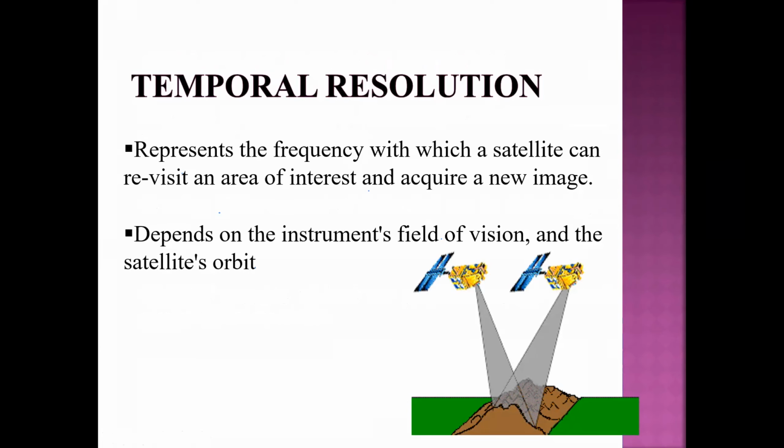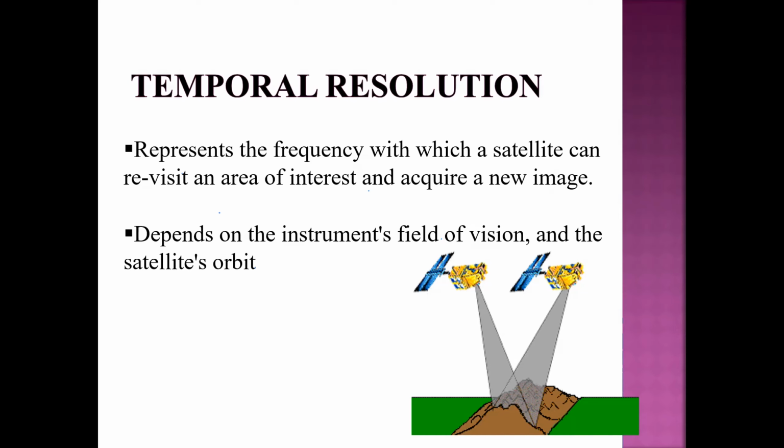And another one is the temporal resolution. Temporal means it is related to time. So at the same place, at different times, when we take the data, that is known as the temporal resolution. It represents the frequency with which a satellite can revisit an area of interest and acquire a new image.